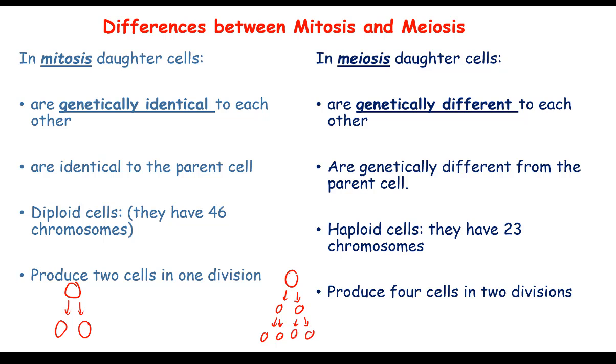The information that was in this cell was different from the one that was in this, or this, and these cells were also different from each other. And because of this, meiosis produces variation, which is going to be important later on.